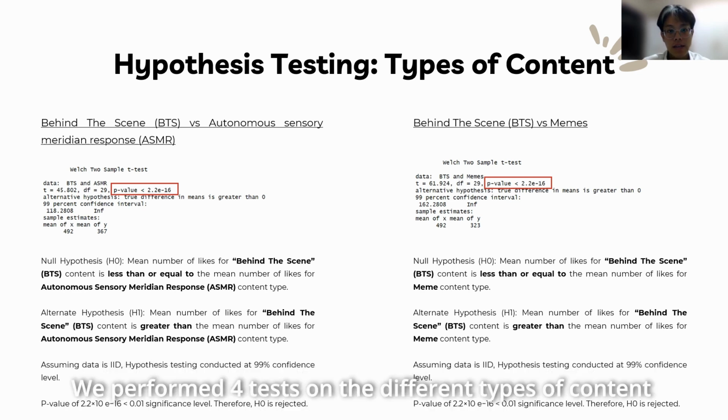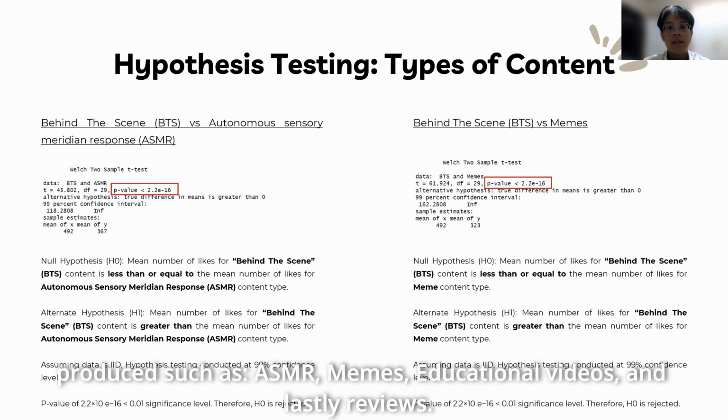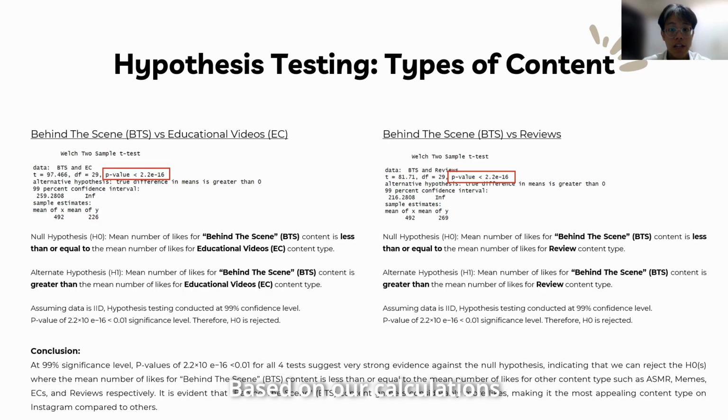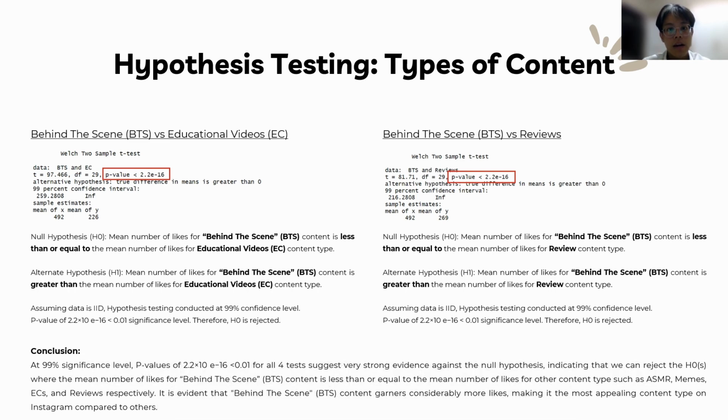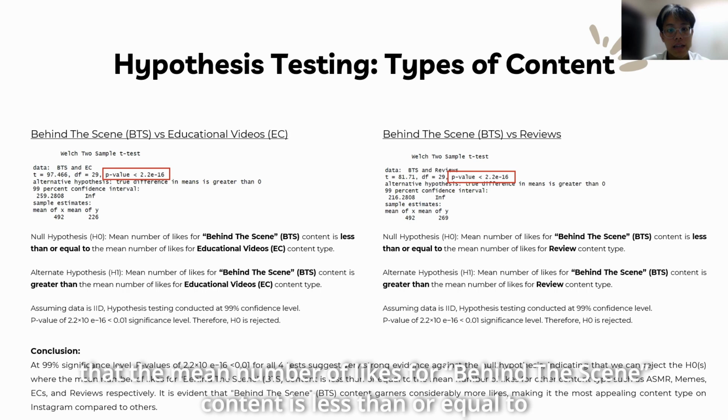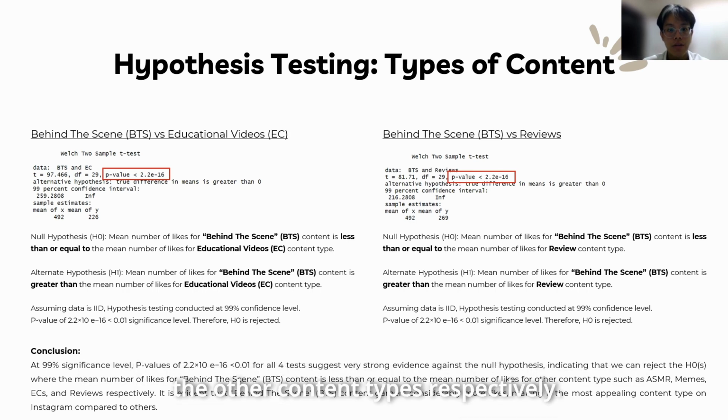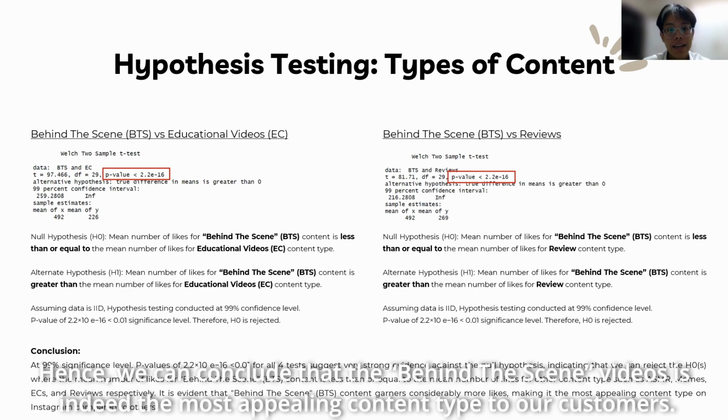We performed 4 tests on the different types of content produced, such as ASMR, memes, educational videos, and lastly, reviews. Based on our calculations, at 99% significance level, there is sufficient evidence to reject the null hypothesis for all 4 tests, that the mean number of likes for behind-the-scene content is less than or equal to the other content types respectively. Hence, we can conclude that the behind-the-scene videos is indeed the most appealing content type to our customers.